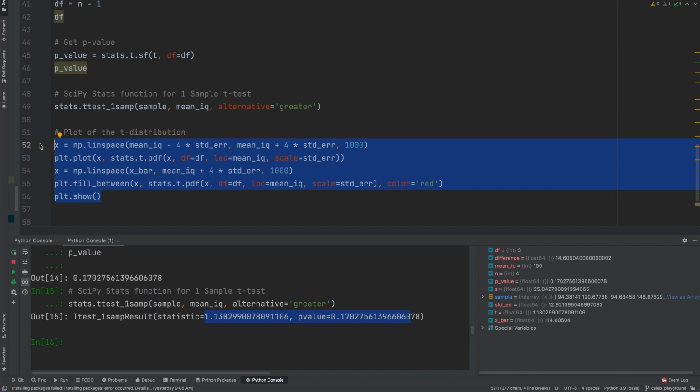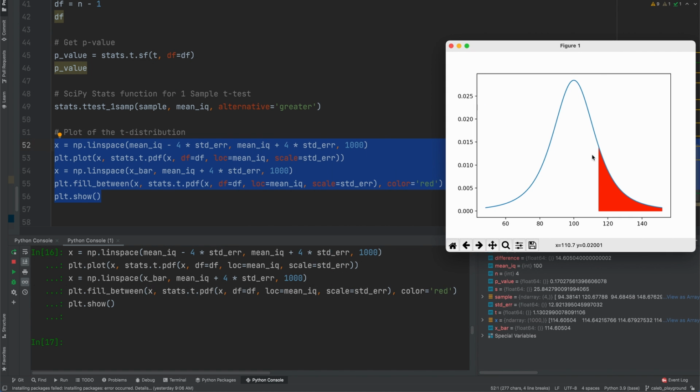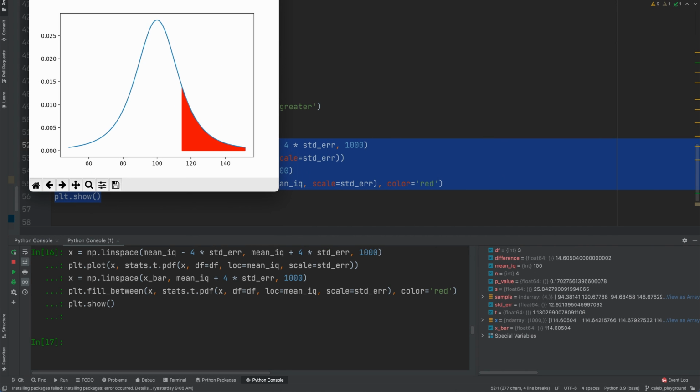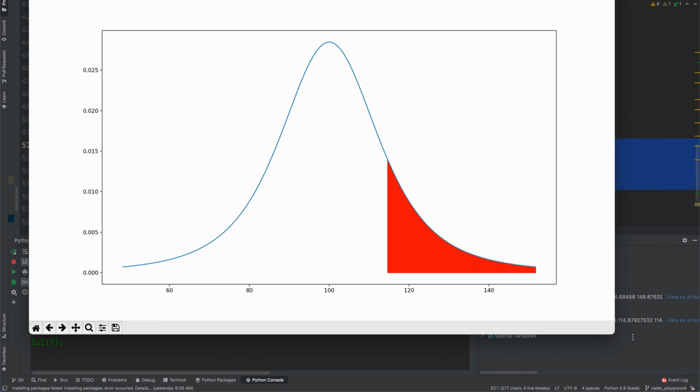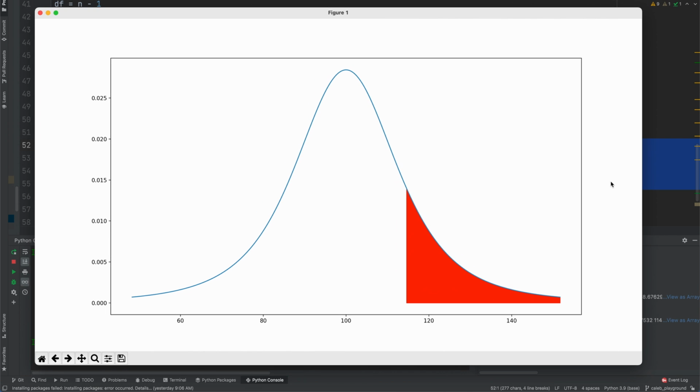Okay, so with that being said, I'm going to go ahead and plot what exactly this means. So you see this figure here. This is our t distribution that I was talking about.